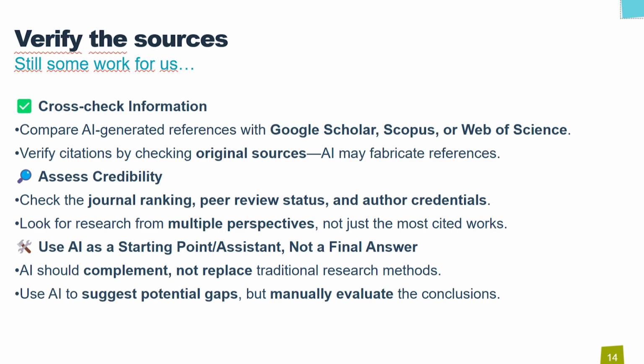Because they don't have access to articles, they cannot come up with a critical evaluation. Of course, they have the linguistic model to identify some gaps, but you still need to check whether identifying the gaps matters or not. And you still need to evaluate the conclusions. This has to be put in perspective.